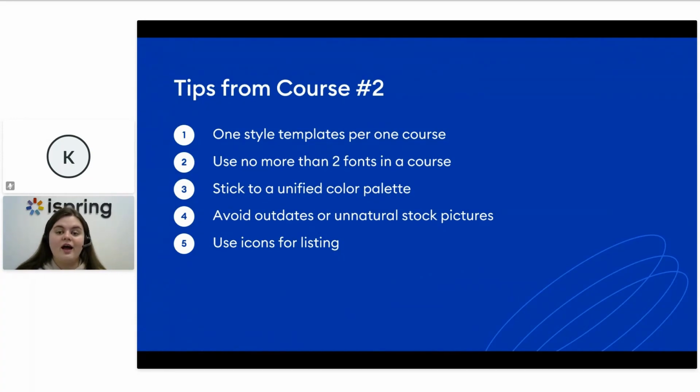Make sure the color palette is consistent throughout the entire course. Don't use outdated stock photos. And remember that each image or any other element on the slide has to convey a meaning. And use icons for listing things to make the text more readable.